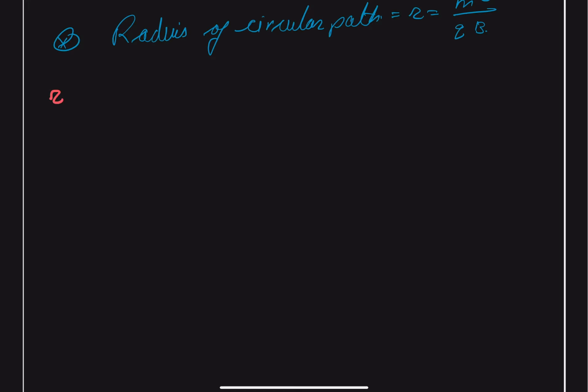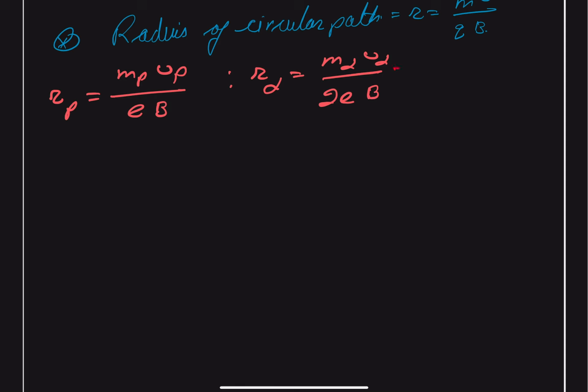So we can say the radius for proton is equal to mass of proton times velocity of proton divided by e and magnetic field, and we can write the radius for alpha particle will be equal to mass of alpha, velocity of alpha divided by charge multiplied by magnetic field.